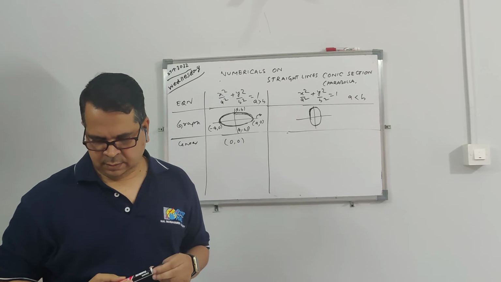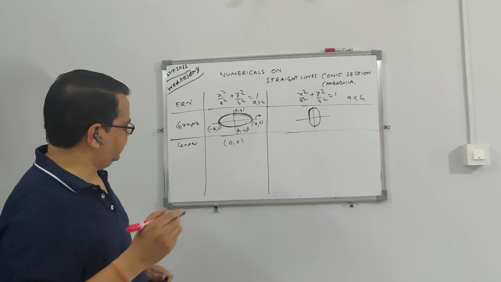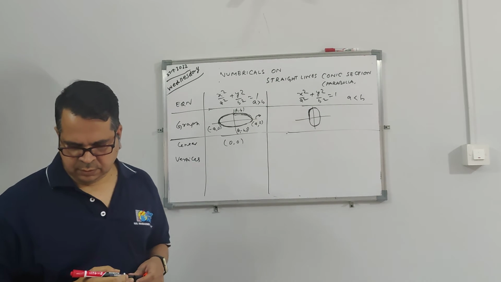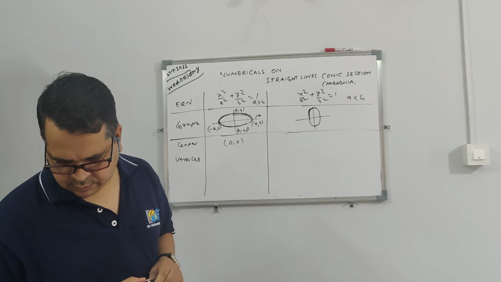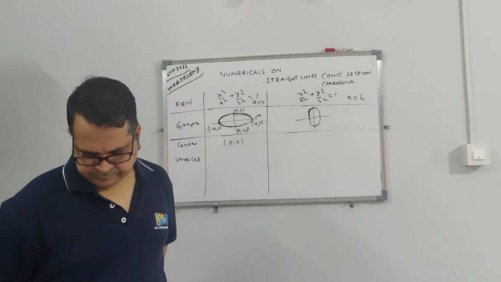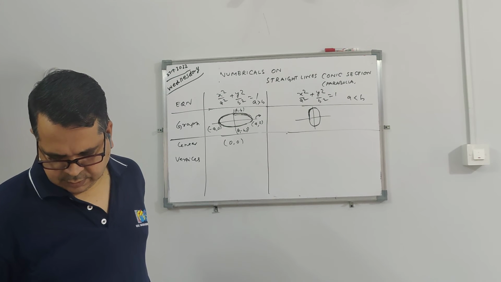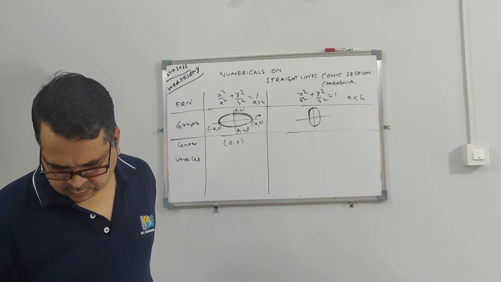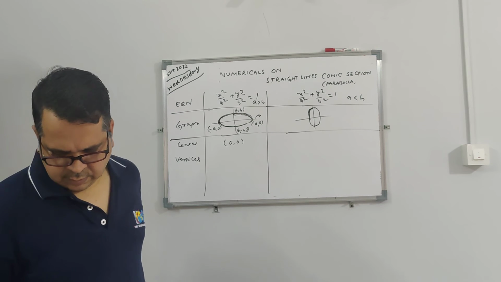There are something called the center, which is 0, 0, and then vertices.